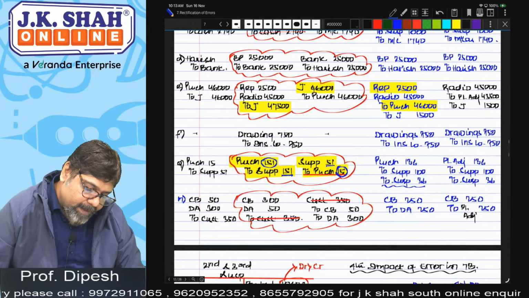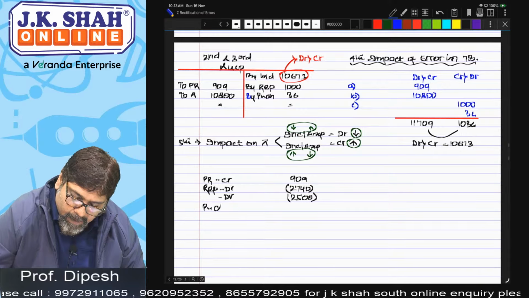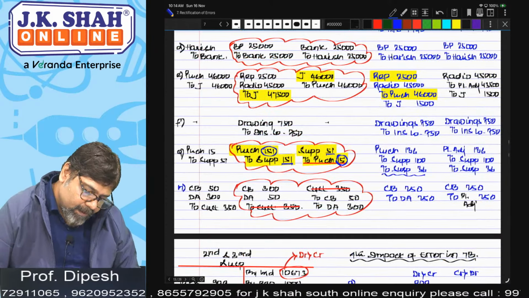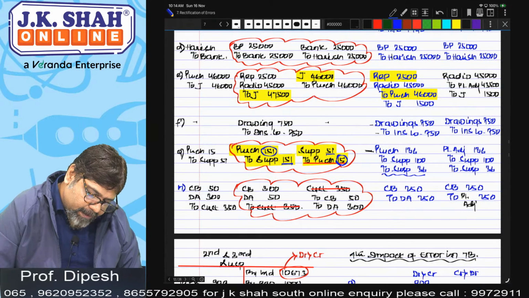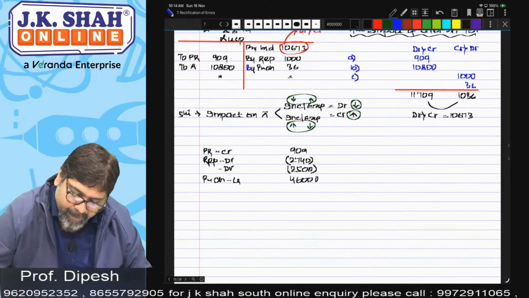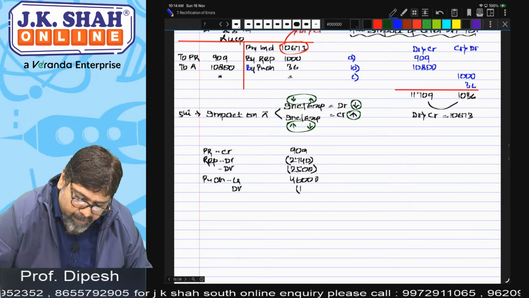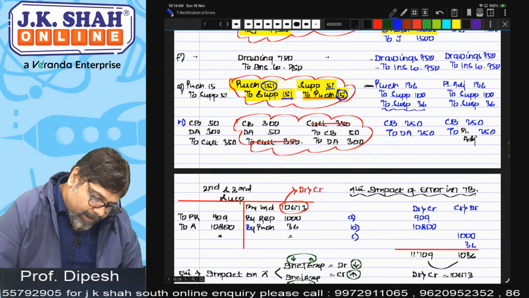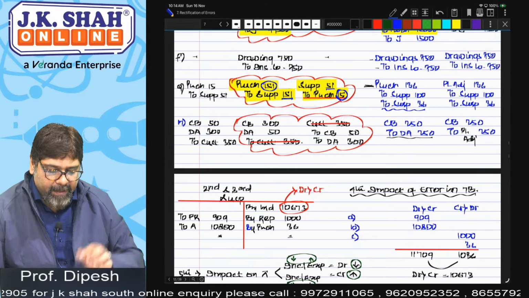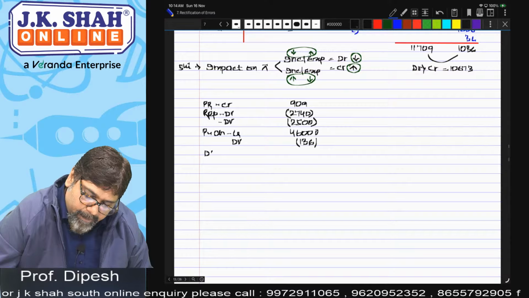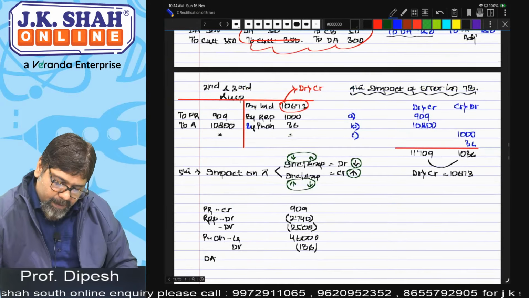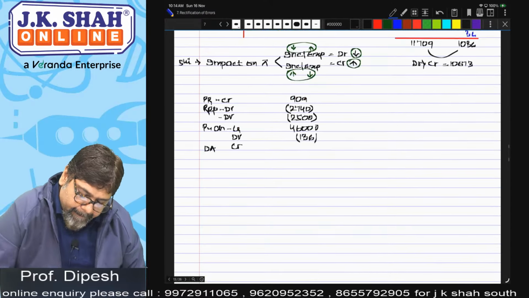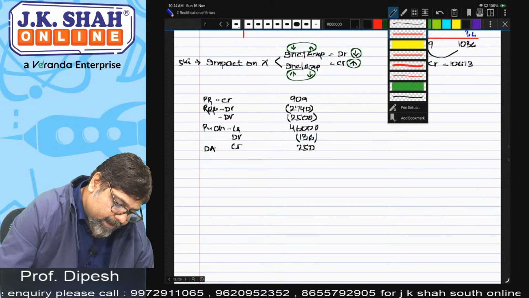Purchase credit, profit is increasing. Correct, no? Drawings, insurance, purchase debit, profit will decrease. Then cash bank to discount allowed credit 250, profit will increase. Can you tell me the net impact? Profit is increasing or decreasing?